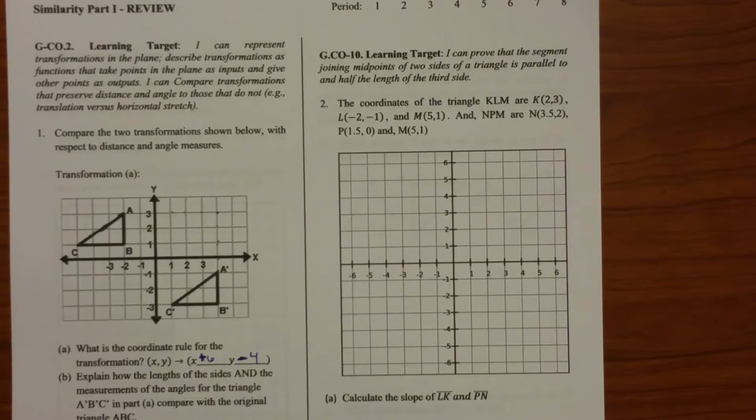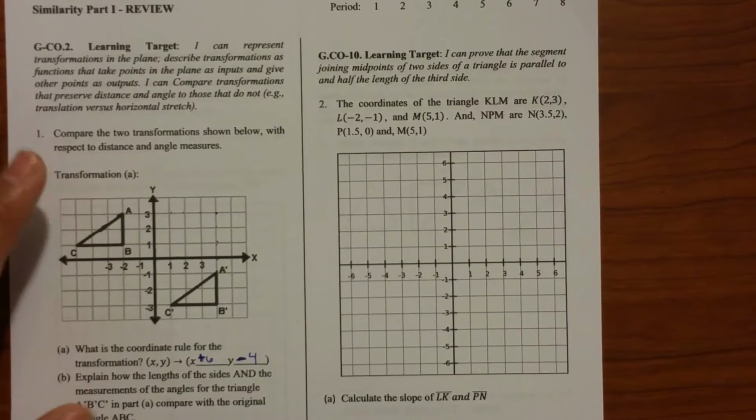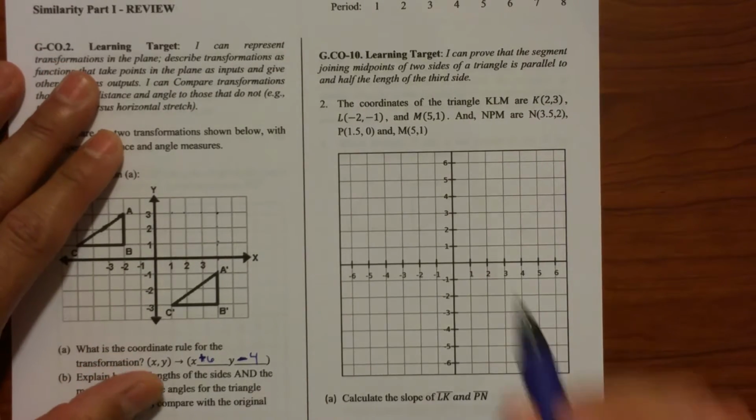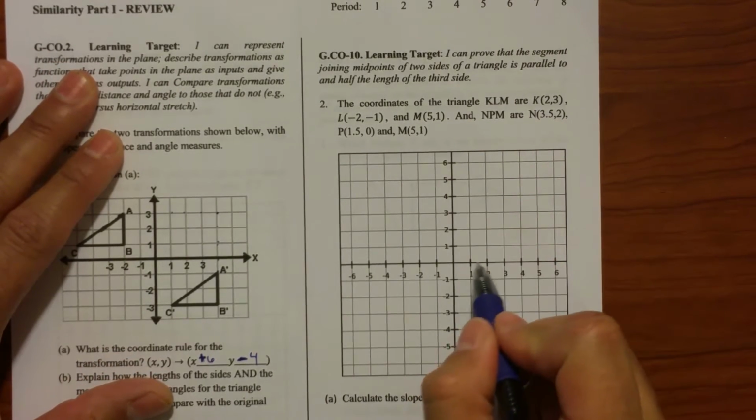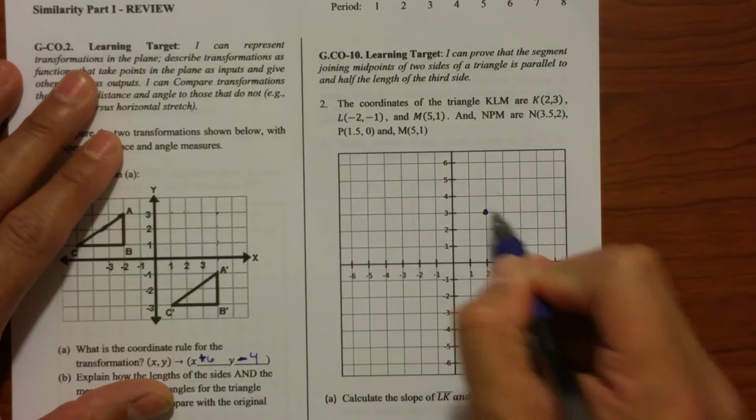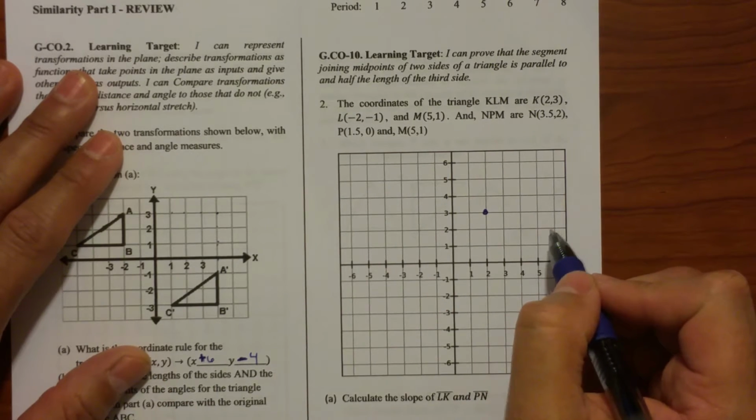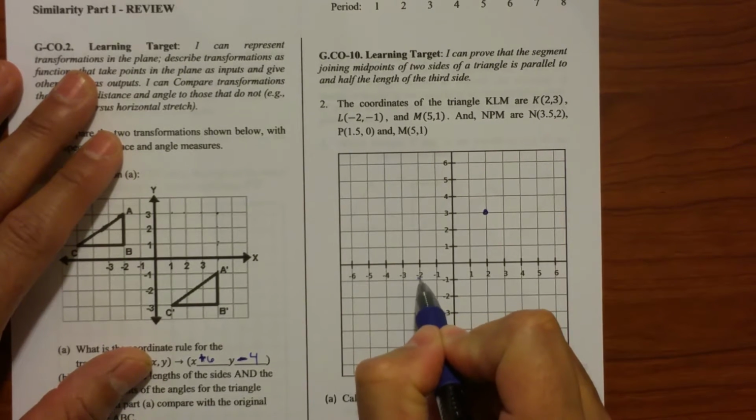So for number 2, it says the coordinates of triangle KLM are located here. K is 2, 3. L is negative 2, negative 1.